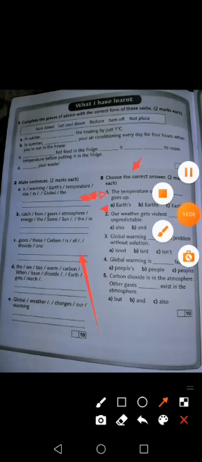Why don't we use earth's or this one? Because the verb is goes. We have the verb goes up. So here we need subject and verb. The earth goes up. Okay, student? So complete the rest of the sentences and write them down.